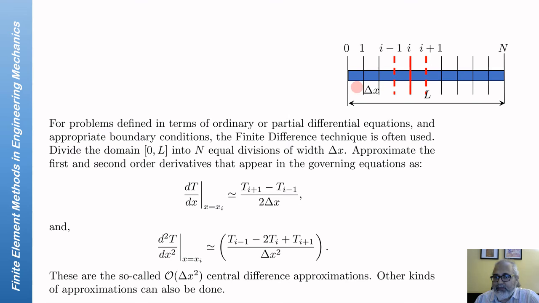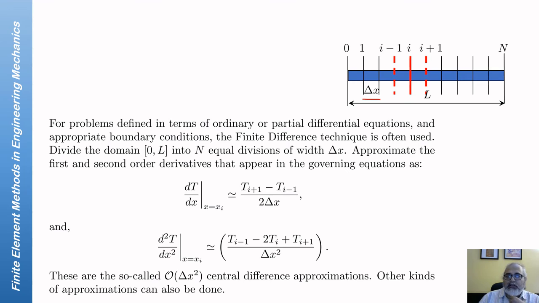The length from 0 to L we divide in small steps of delta x, and then we consider a generic division which we call i. The previous one is i minus 1 and the next one is i plus 1. We start with 0. Therefore delta x is simply L by n.